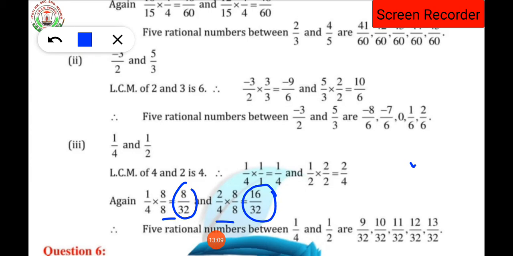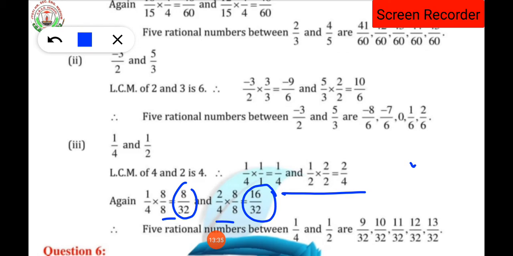And remember one more thing, student: always try to multiply with the same number. When we take the LCM of unlike terms, we convert that unlike term into a like term. That like term only we have to multiply and see.